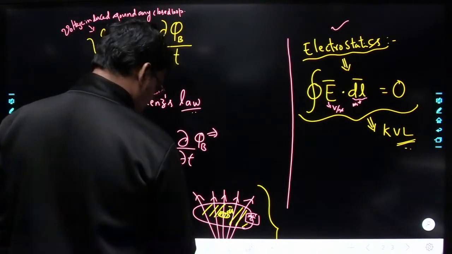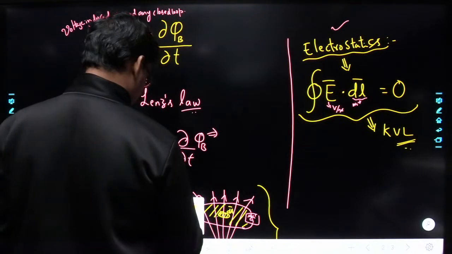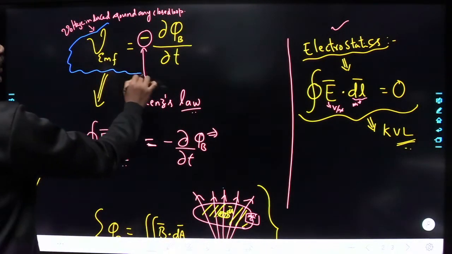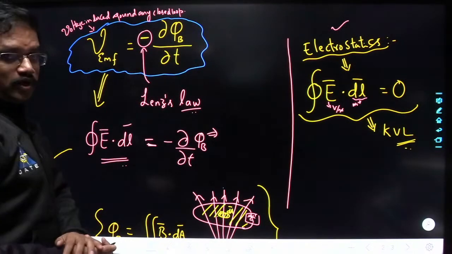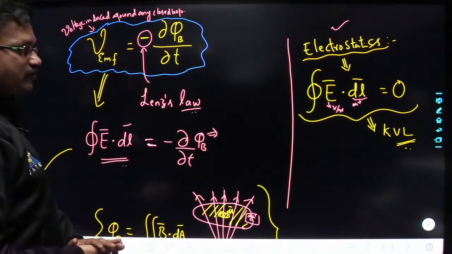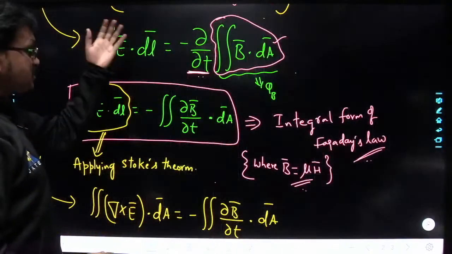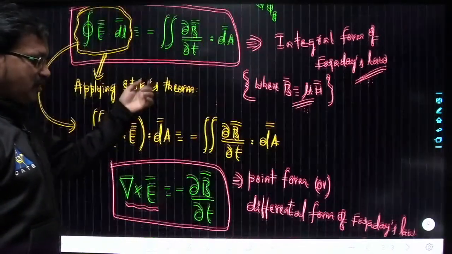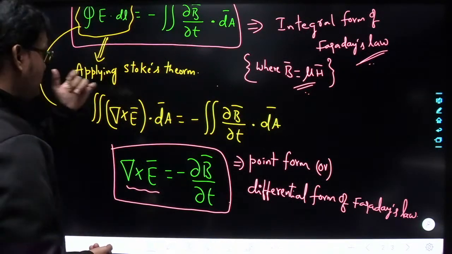We got this expression: the voltage induced around any closed loop is equal to minus dou phi b by dou t. So this is the basic equation we have written. From this we have derived, or expressed, the same thing in terms of the integral form, and the same thing in terms of the point form or differential form.